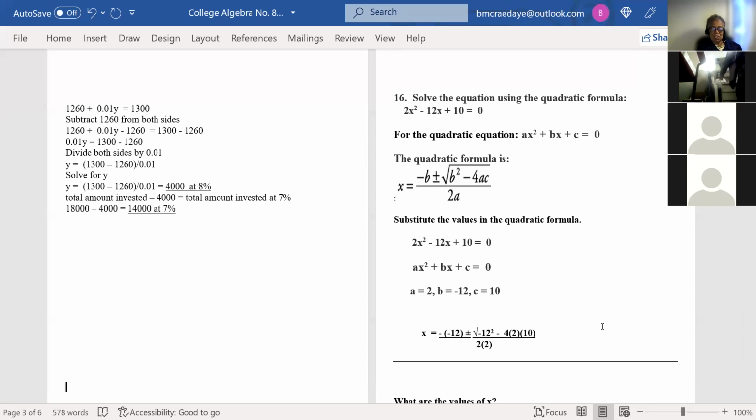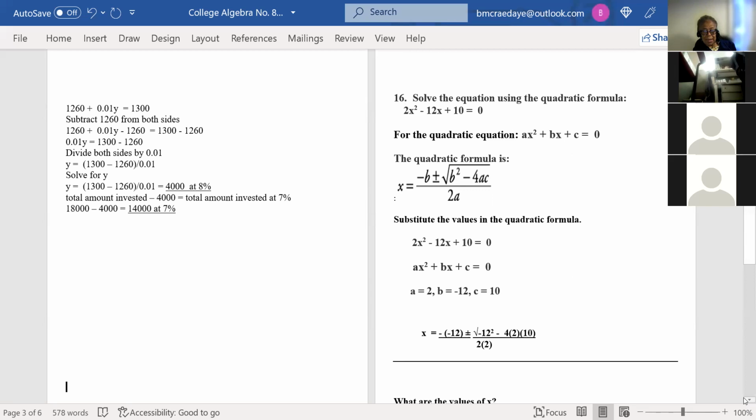Any questions on the substitution? No. Okay, so once you define your A, B, C values, because you need those because of the general format of the quadratic, you look at your equation, you see where your A is, you see where your B is, you see where your C is. So you substitute A, B, and C in the quadratic, and you have your quadratic formula substituted by the values for your equation.